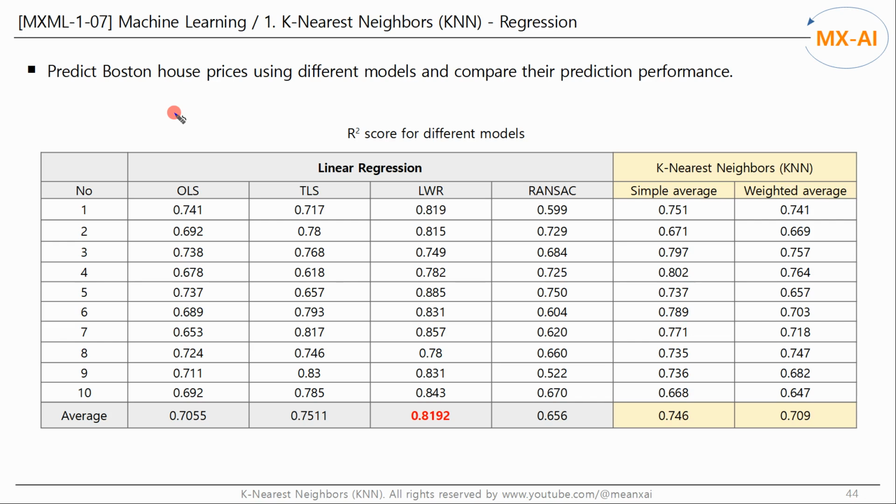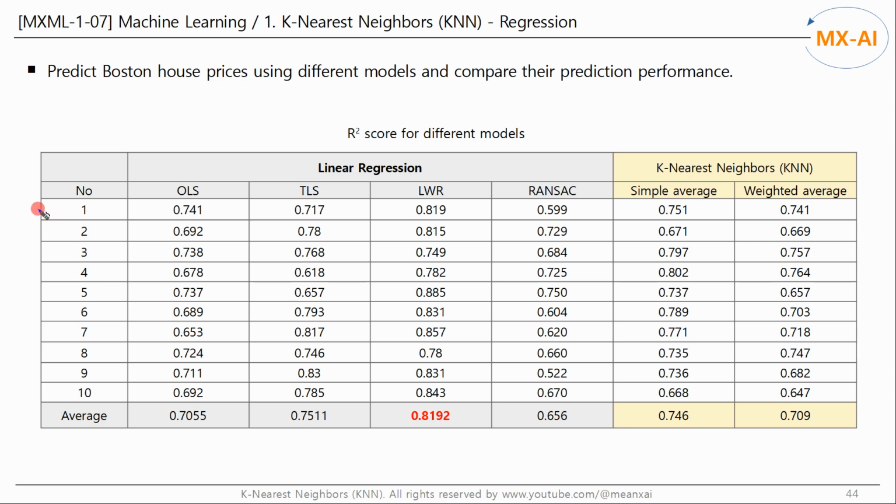Finally, let's compare the performance of different models in predicting Boston house prices. We randomly construct the training and test data from the Boston house prices dataset. We perform regressions on the training data and measure the R-squared score on the test data.